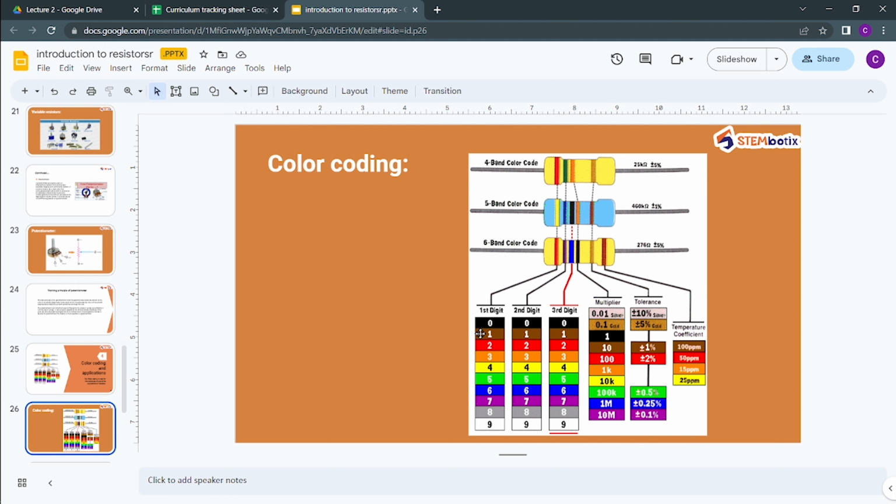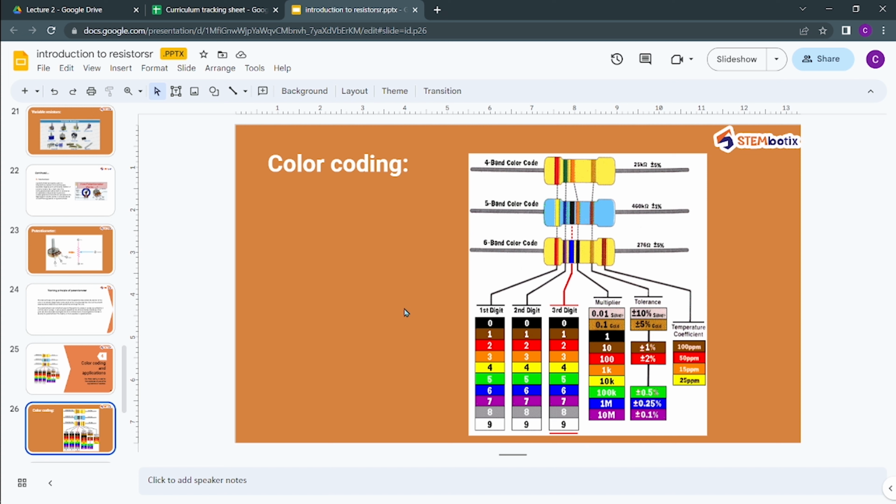color coding. So on the first digit, if it's a black band, then it is 0. If it is a brown band, then it's 1, then 2, 3. According to the color, it has a different numbering system, and this is how it goes. You will select the first digit, second digit, and third digit according to its color.